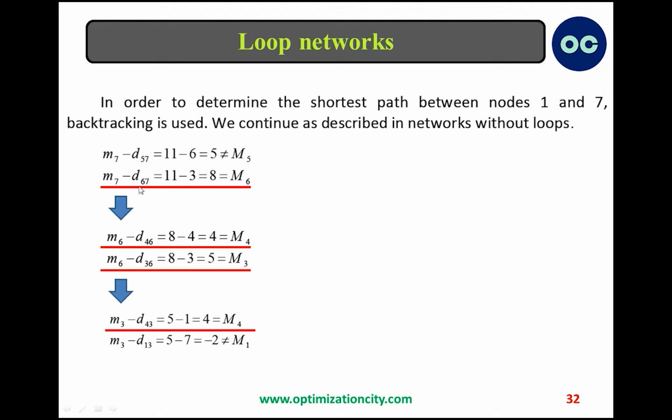But arc 6, 7 is on the shortest path because M6 is equal to 8. Arc 4, 6 is on the shortest path because M4 is equal to 4. Arc 3, 6 is on the shortest path because M3 is equal to 5, and so forth. Here you can see that arc 1, 3 is not on the shortest path because M1 is not equal to M3 minus 2, which is 0.